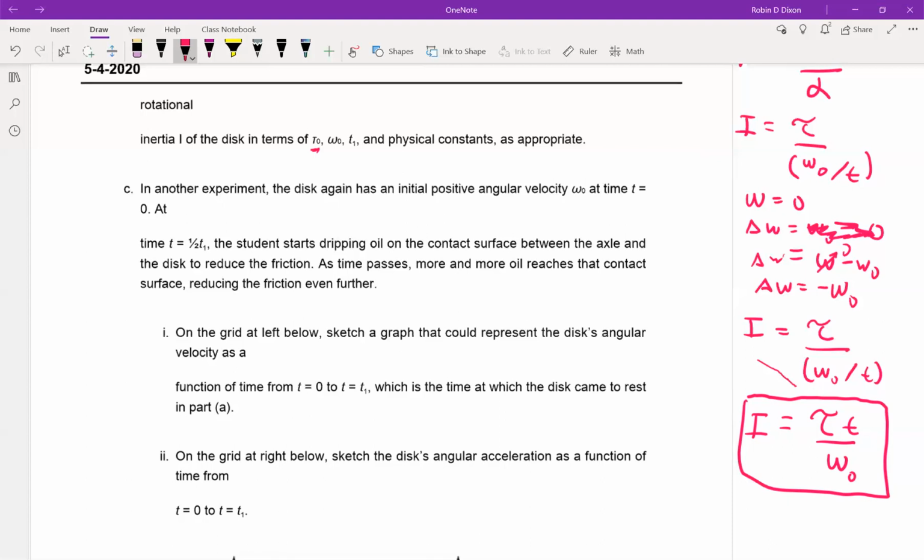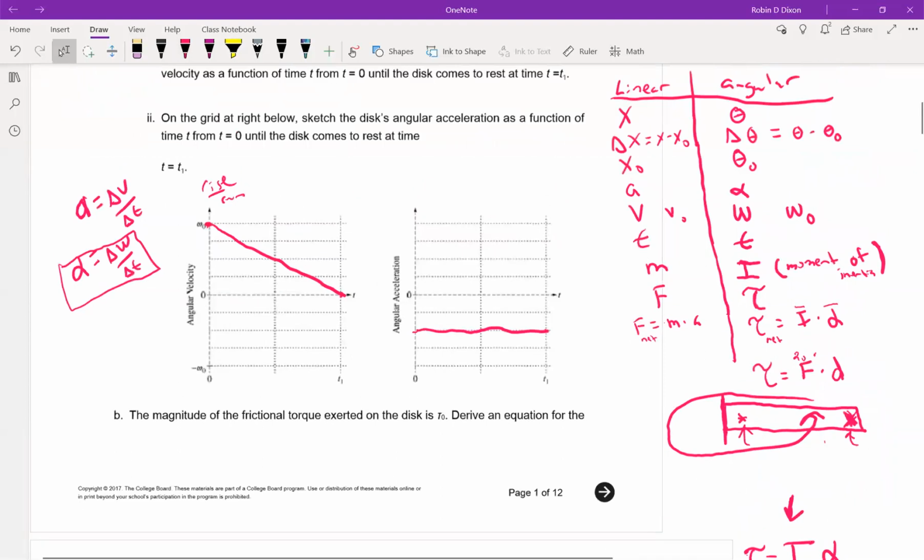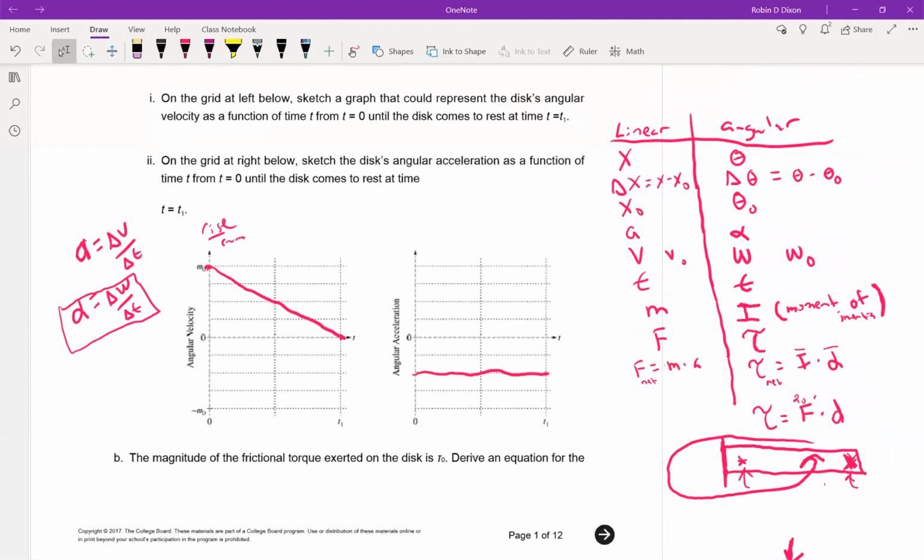Friction is the force causing a torque. Friction is the force causing it to slow down. If it's slowing down, that means there's an acceleration, but it's not just doing it in a linear fashion, it's doing it in an angular fashion. So that means there is a negative angular acceleration.